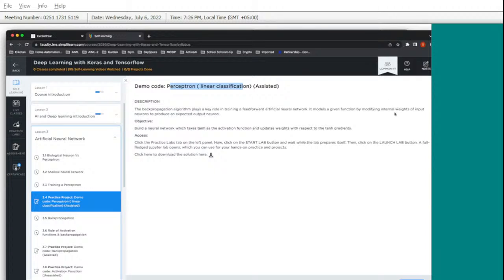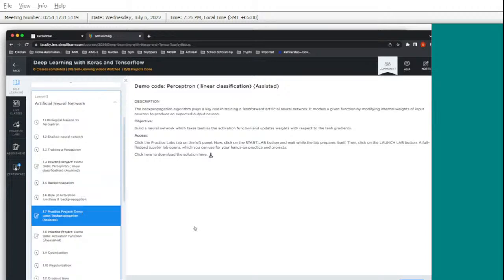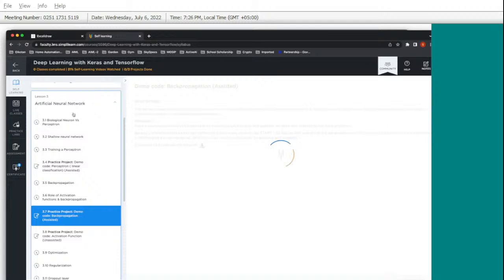I would encourage everyone to move to practice lab, and open your Jupyter Lab notebook. Just to clarify, if you can see my screen, this is the place you can see all your code. You can download the code from here. This is the practice code from our previous session.